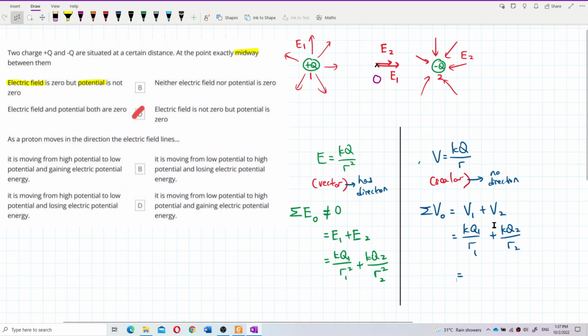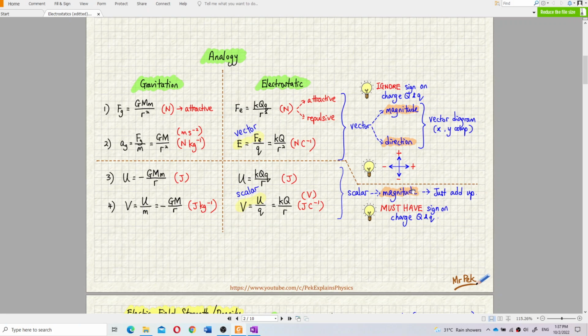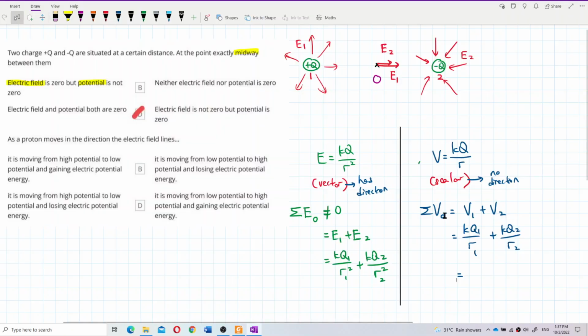Another thing is, for potential, a scalar quantity, the charge must have its sign. You can see Q1 is a positive charge, Q2 is a negative charge.